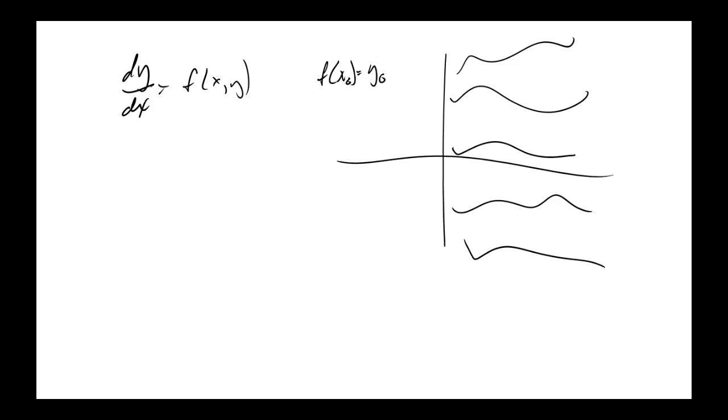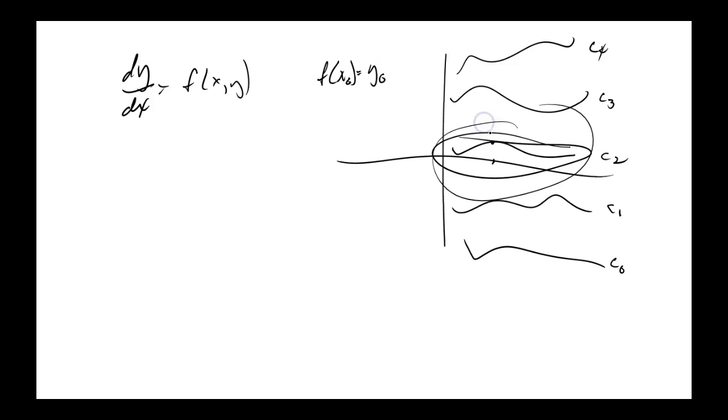If you know that at x0 the value here is y0, this is the parameter you use. That fixes it, say, if this was C0, C1, C2, C3, C4, you choose C2 because that x, y point is on that curve. So that fixes the location of that curve.